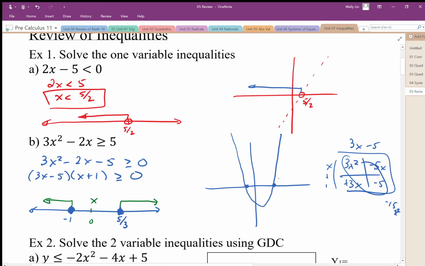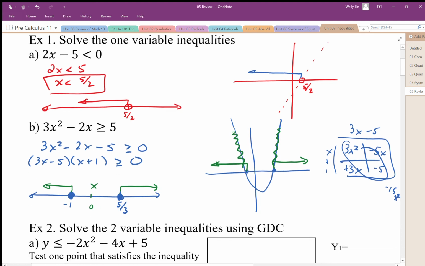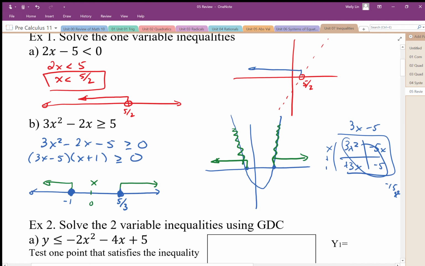I'm looking for the area of this graph bigger than 0, which is above the x-axis here. Again, that confirms we have the right solution region along the number line. Being one variable, we have to show that the solution is along the number line.